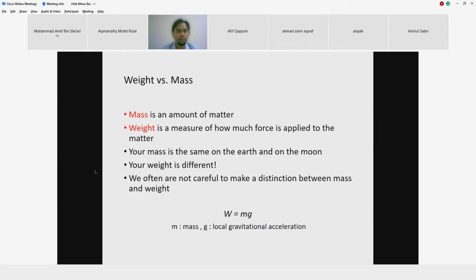Okay, next, we will look at weight and mass, the difference between weight and mass. So mass is an amount of matter, right? Weight is a measure of how much force is applied to the matter.